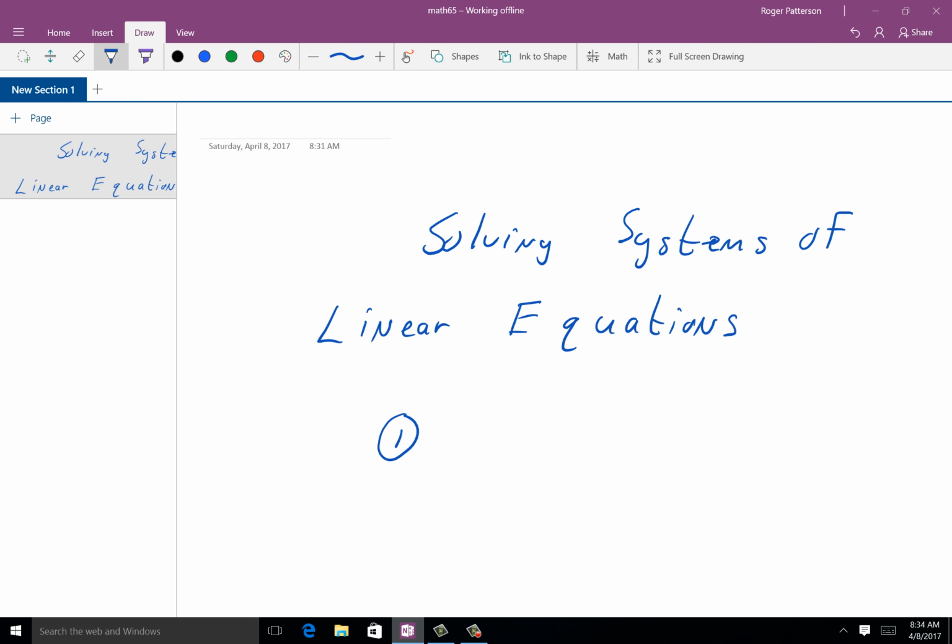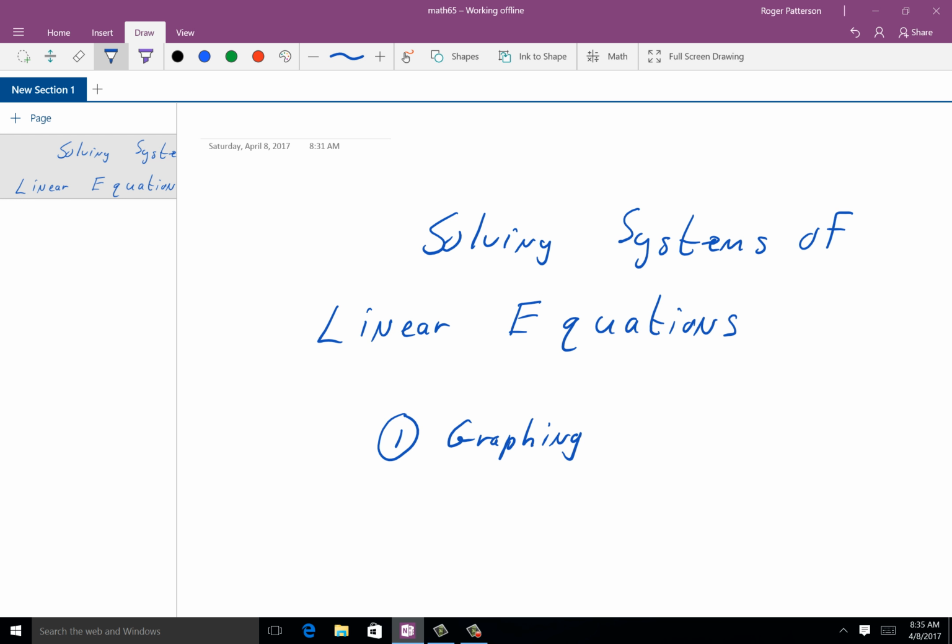So in solving any type of problem, whether it be the linear equations that you did in Math 60, or as you progress on to quadratics in this course, or even higher problems, graphing is always an option. And in some cases, graphing is the only option, because some things you can only really solve by graphing.